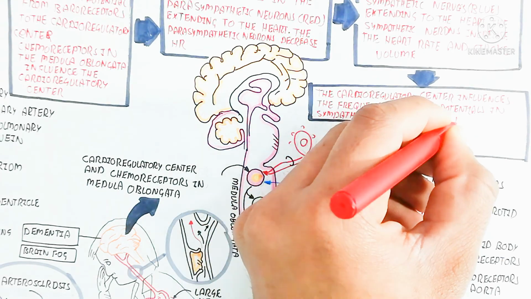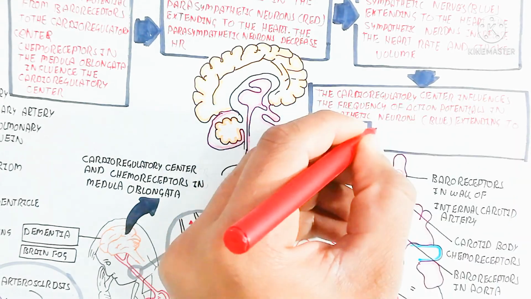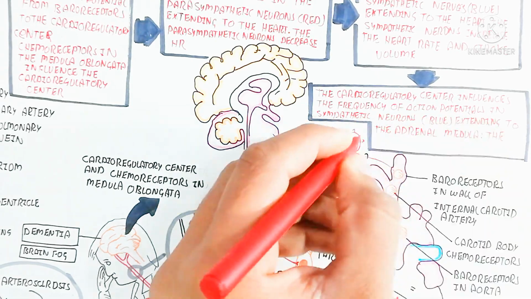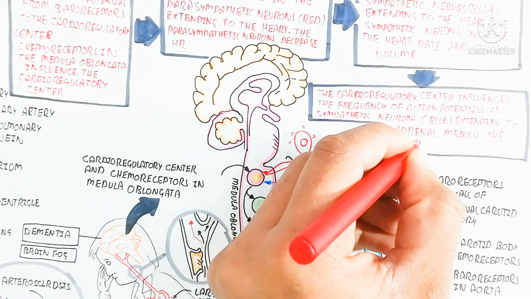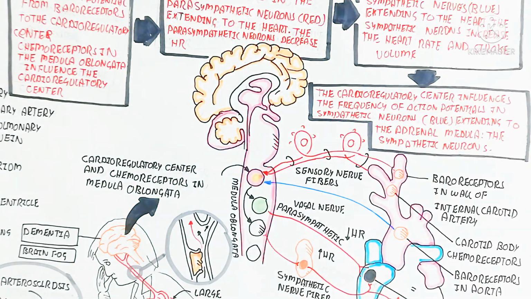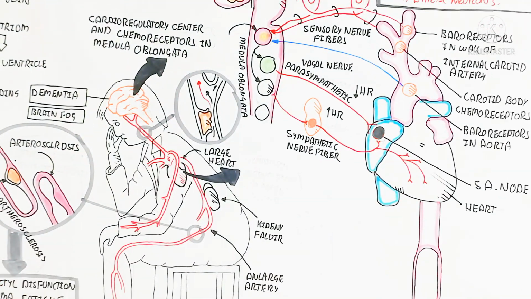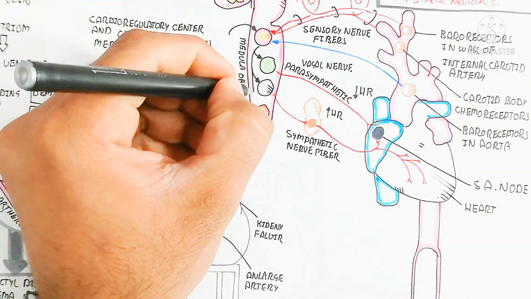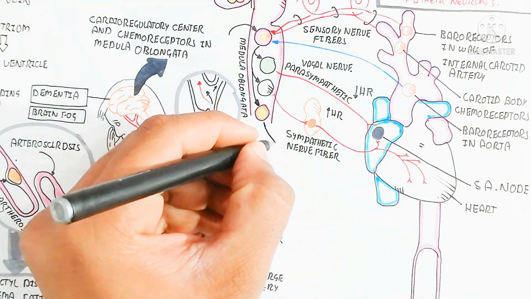And next, the cardioregulatory center influences the frequency of action potential in the sympathetic neuron, blue, extending to the adrenal medulla. So the sympathetic neuron, blue; I am drawing the black color for understanding. So this is the black color, and this is the sympathetic nerve fiber to the adrenal gland. So remember, this is the adrenergic neuron.